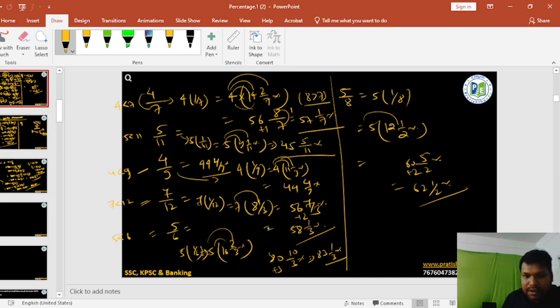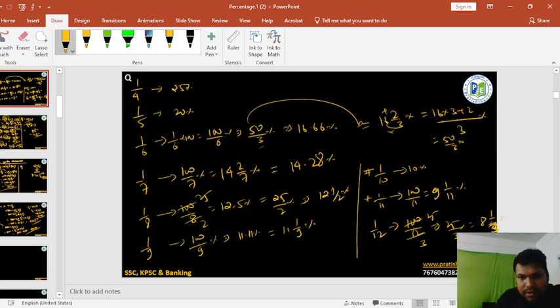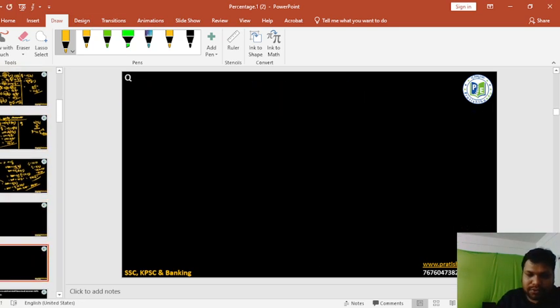That is in mixed fraction. I wrote it previously, here. Mixed fraction is 33 1 by 3. No, it is directly divisible there, 50%. Mixed fraction means the fraction which is not divisible exactly.